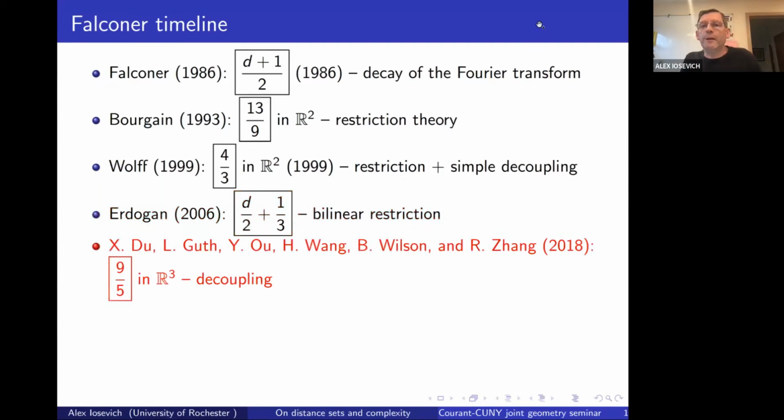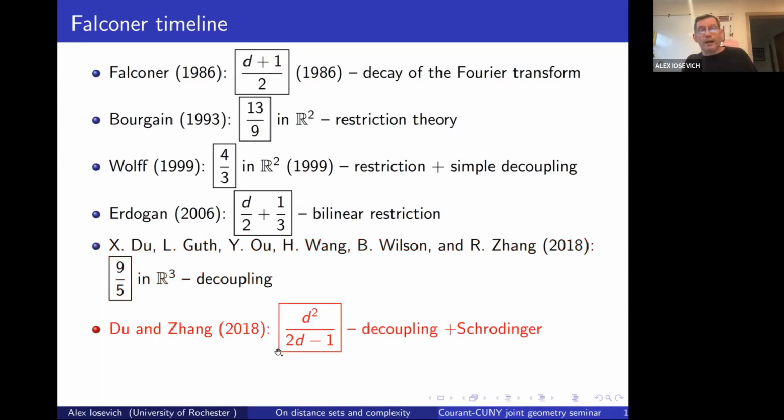There was a long period of inactivity until there was a paper by Du, Guth, Ou, Wang, Wilson, and Zhang, who got exponent 9/5 in R^3 using decoupling. This is a beautiful theory that was very significantly developed over the past decade by Bourgain and Demeter and Guth and other people.